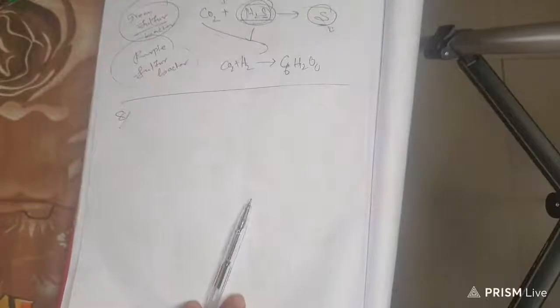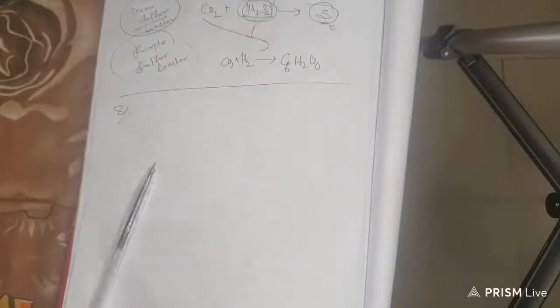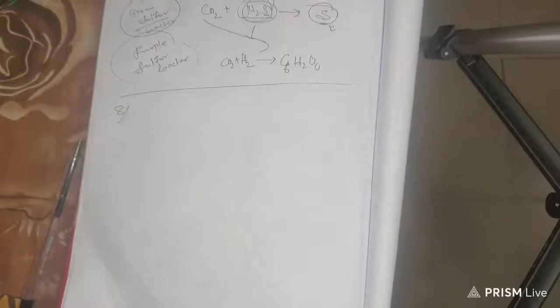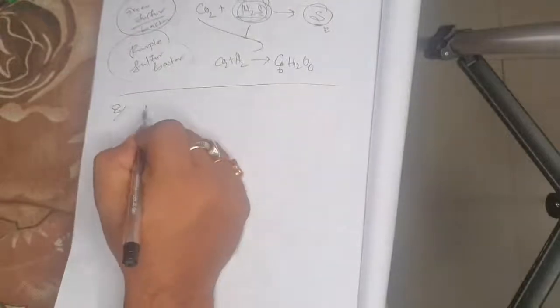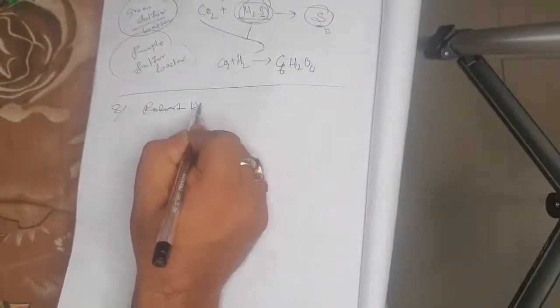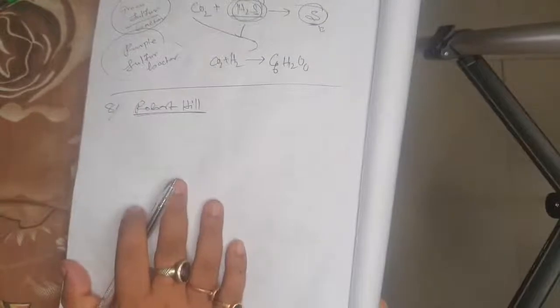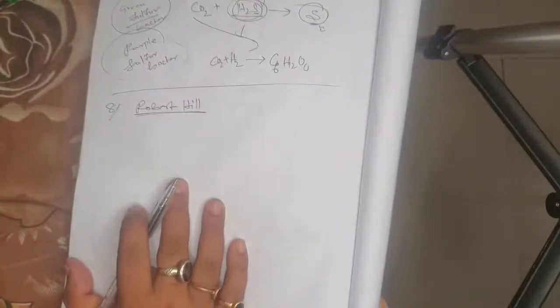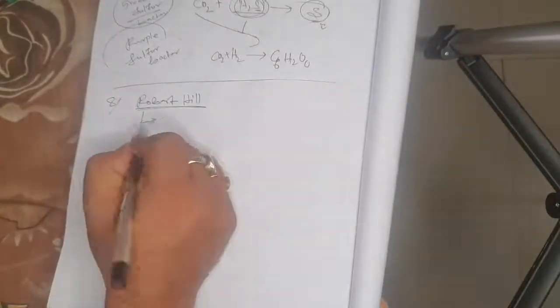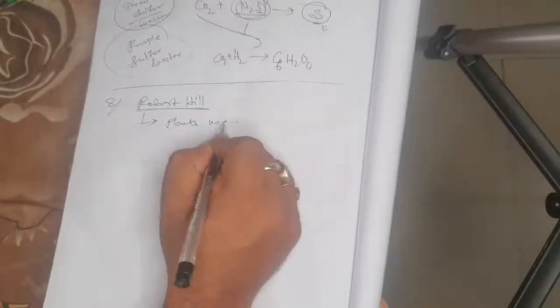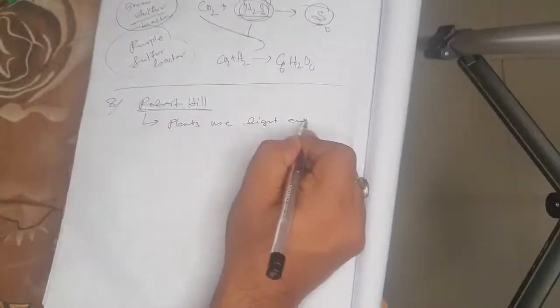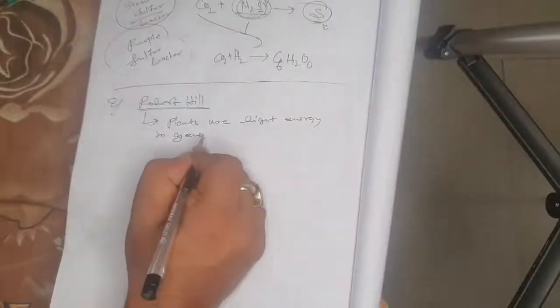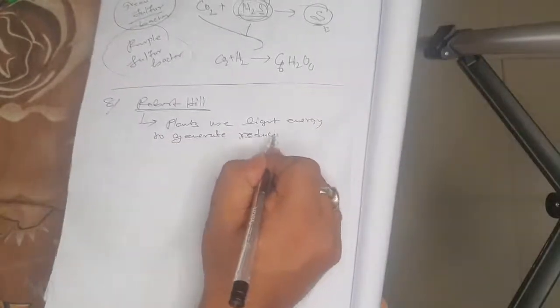Now, the 8th experiment was performed by whom? Let's see whom we can pick up. Robert Hill. Now what happens is that plants use light energy to generate reducing power.